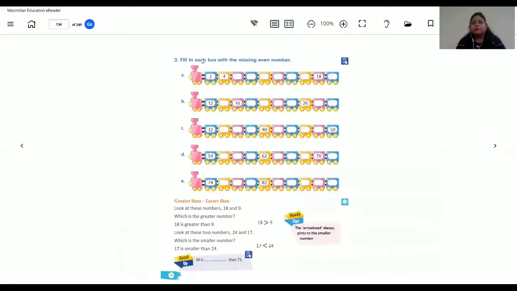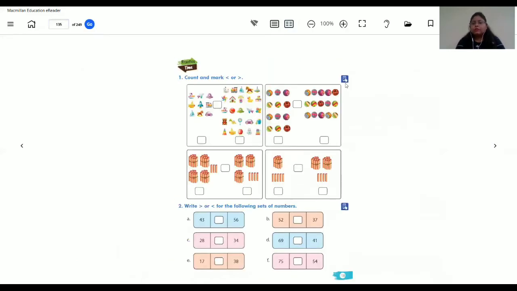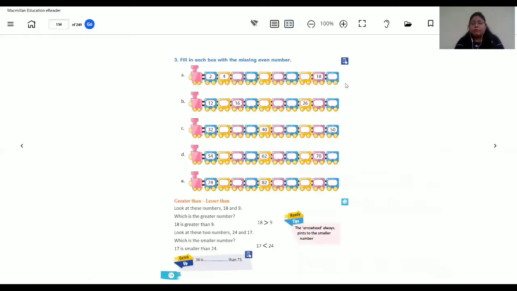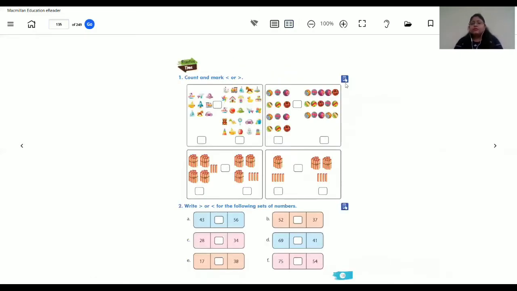Okay. Moving forward, our topic for today's session is more or less. So students, how can we find which number is more or which number is less? We can find it with the help of counting. Here is the first practice time. It is given: count and mark more or less.